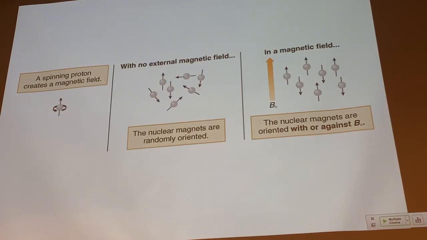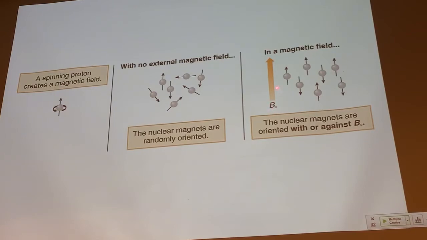Okay? But when you apply a magnetic field, then the nuclear magnets are going to be in one of 2 spin states, one of 2 energy states. They're either going to be aligned with the applied magnetic field. These ones right here are aligned. This B naught is the variable that's used to indicate magnetic field strength.